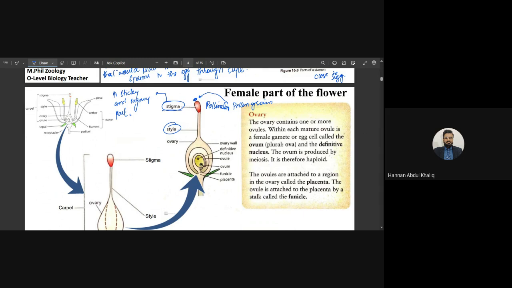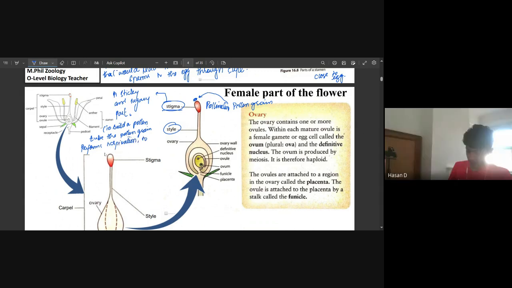And to not let it leave, we make the stigma stickier so that it sticks the pollen grain to it. And why the sugary? Remember that to build a pollen tube, the pollen grain performs respiration. What is the result of respiration? Energy. Yeah.